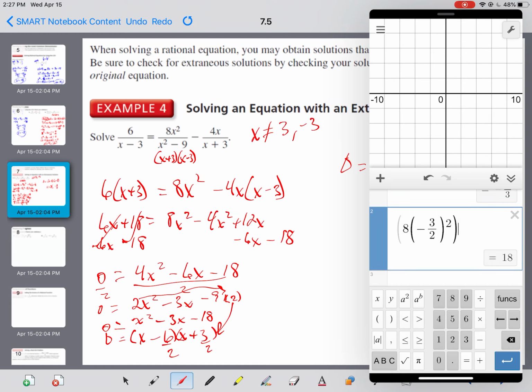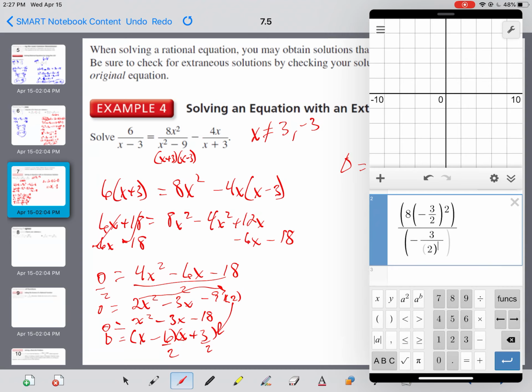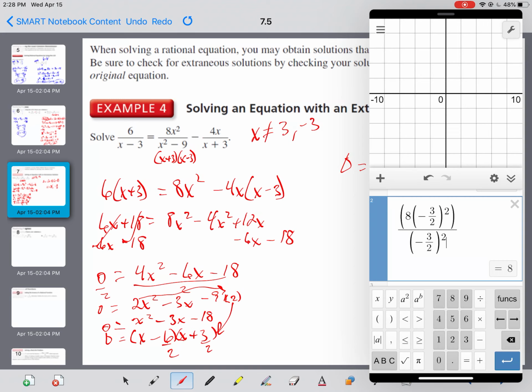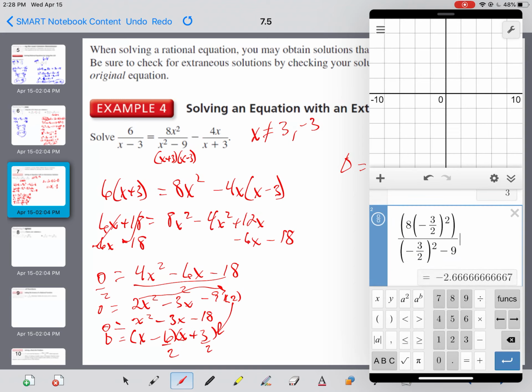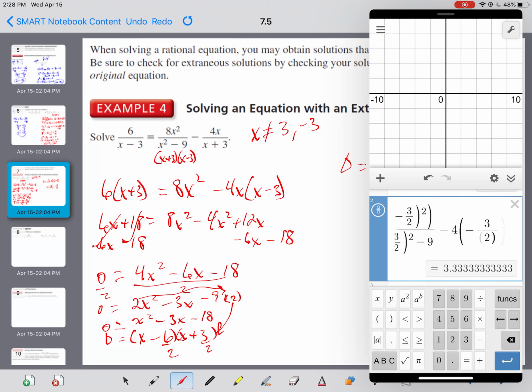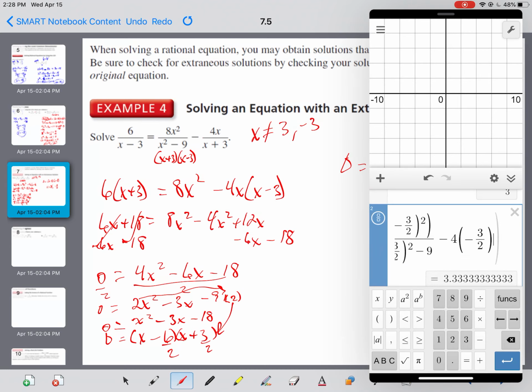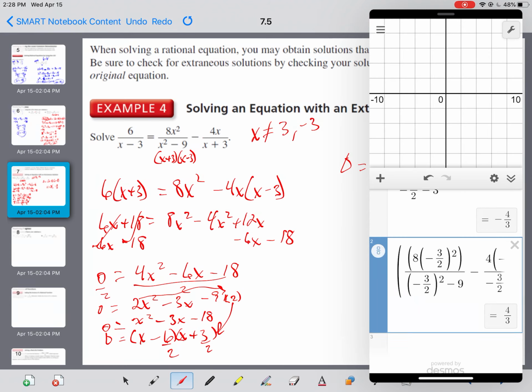And if I do 8 times negative 3 over 2 squared divided by negative 3 over 2 squared minus 9 minus 4 times negative 3 over 2, divided by negative 3 divided by 2 plus 3. Hey, oh, something weird.